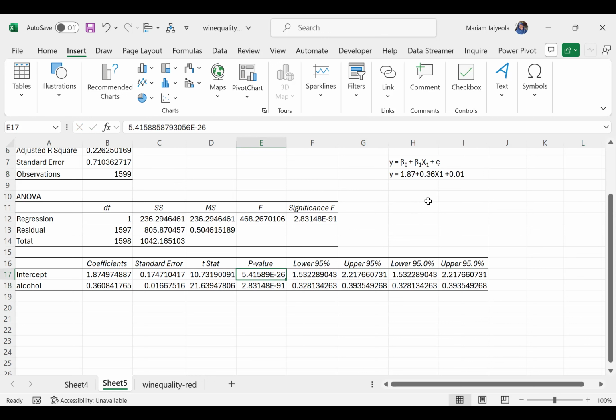So when the probability is very low, less than 0.05, that means the variability that you have discovered is due to the measure that you have put in. It is not due to chance. So you say it is statistically significant.